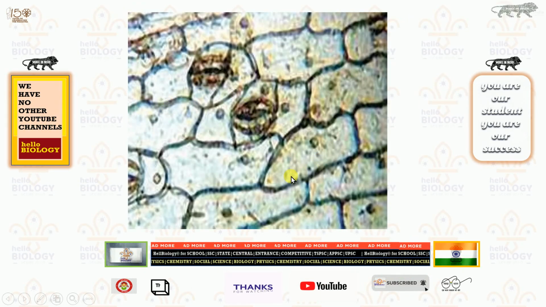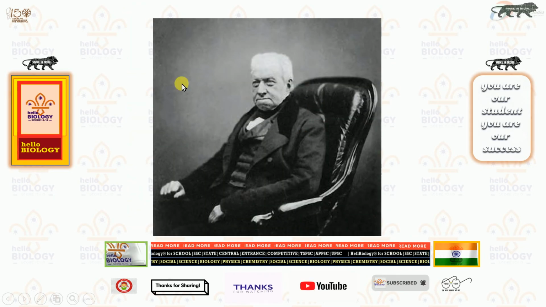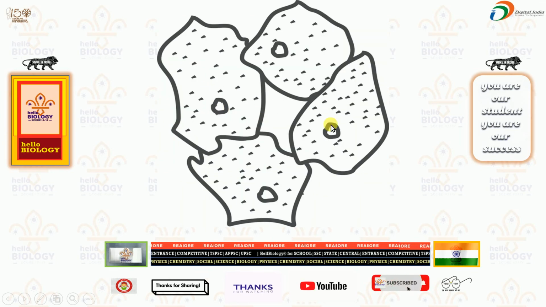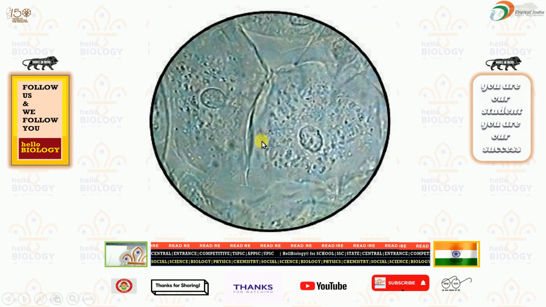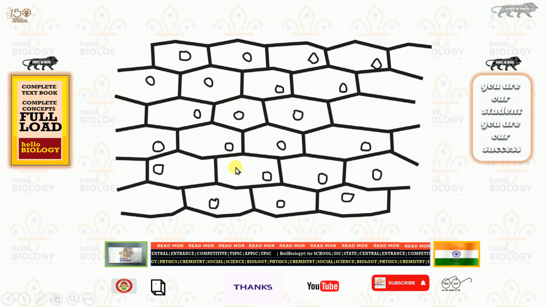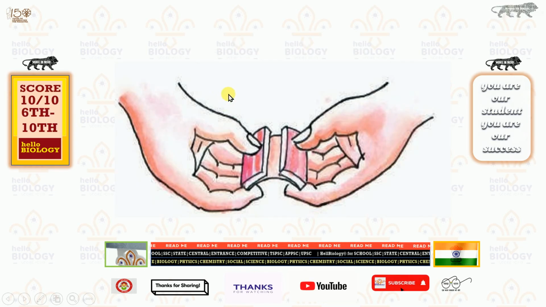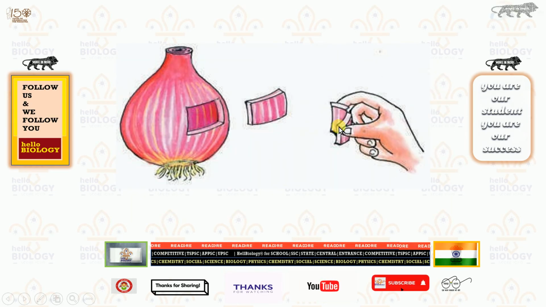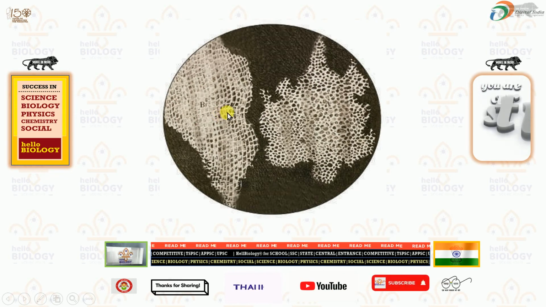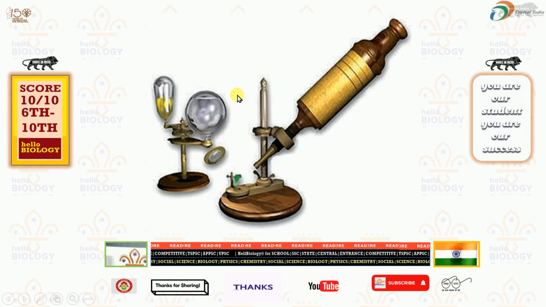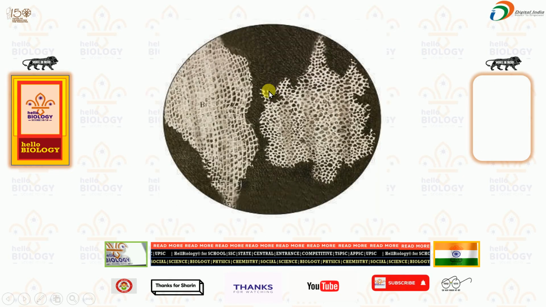And the plant cells you need to remember, and Robert Brown you need to remember, and this cheek cells diagram from the experiment, and onion cells diagram from the experiment. And then next you have the onion peel activity. Then next you have cork cells seen with the microscope which was invented by Robert Hooke.